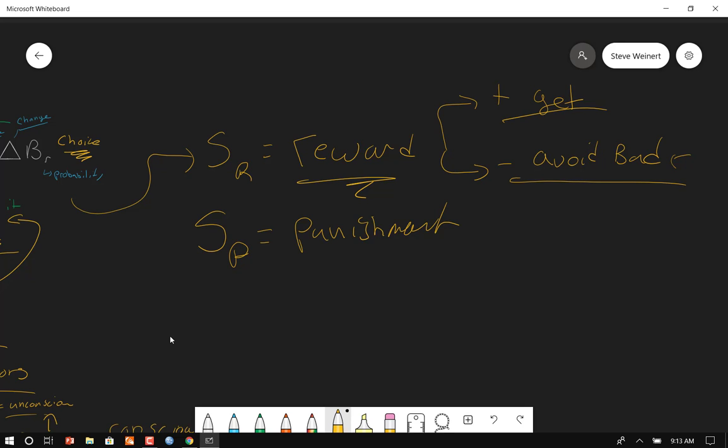So punishments also come in two flavors. Punishments come in aversives. Actually, whacking, hitting, unpleasant stimuli are aversive.